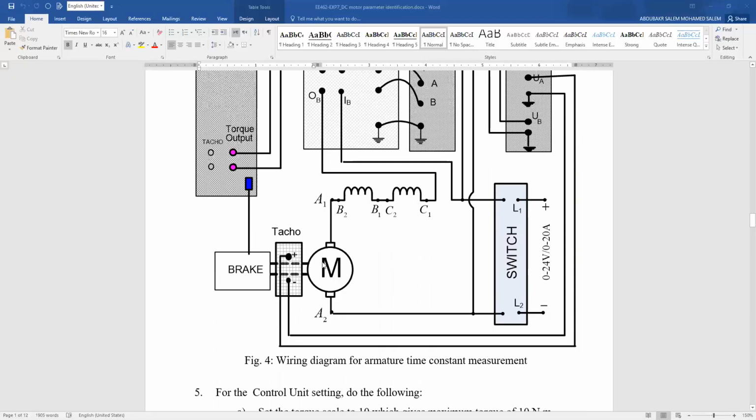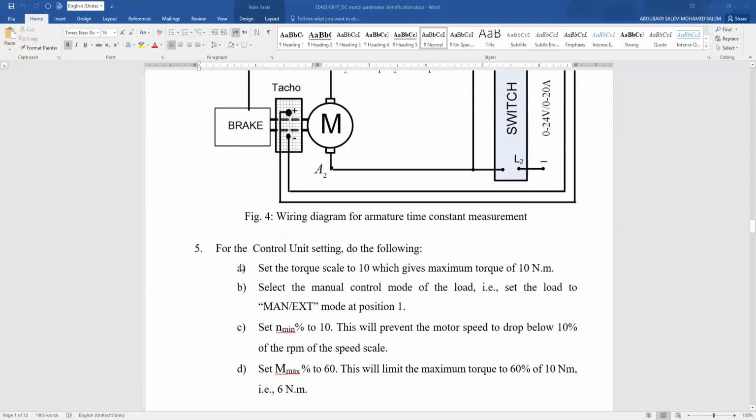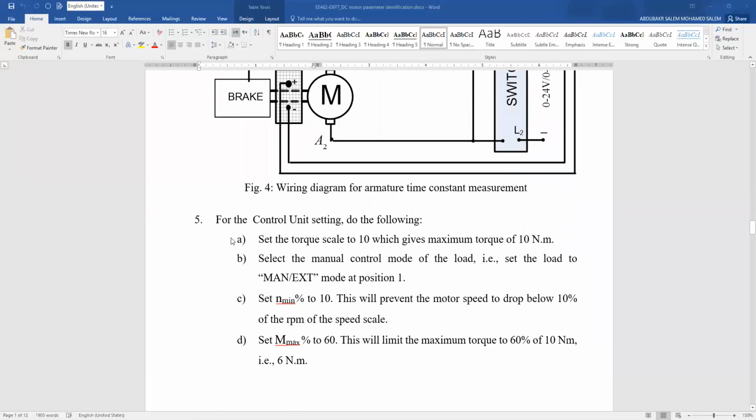And as you can see here, the tachometer is connected between the DC motor and the braking load. So this is the wiring diagram we are going to connect and use to test, to measure the electrical time constant. So these are the steps here.